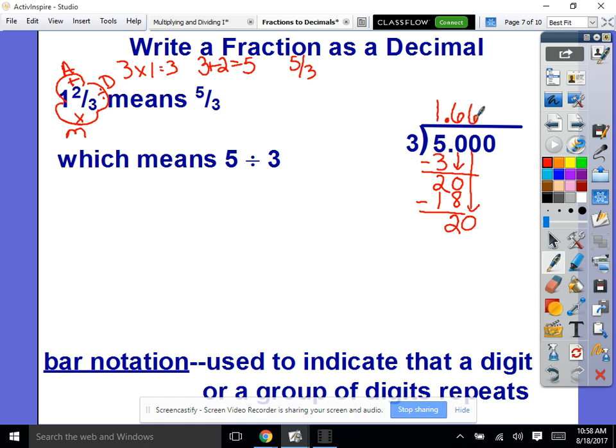Do you see a pattern here? 6 times 3 is 18. When we subtract, I don't think we need to move on any further because we can see that the 6 is going to repeat. So we can show 5/3 as 1.6 with a bar over it, or 1.6666 repeating. The pattern repeats. And remember, bar notation is used to indicate that a digit or a group of digits repeats. So make sure you have that down.